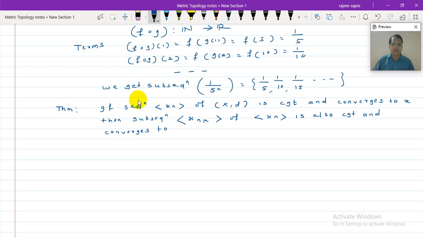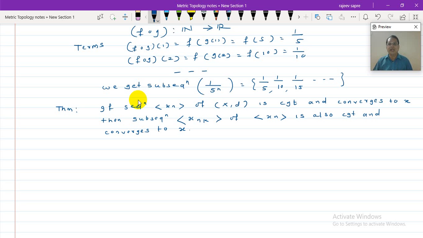So what do you mean to say by this result? That if the sequence is convergent, then the subsequence is also convergent and converges to x. See, mathematics, I have always said, is a precise science. What you mean by that statement is fixed.